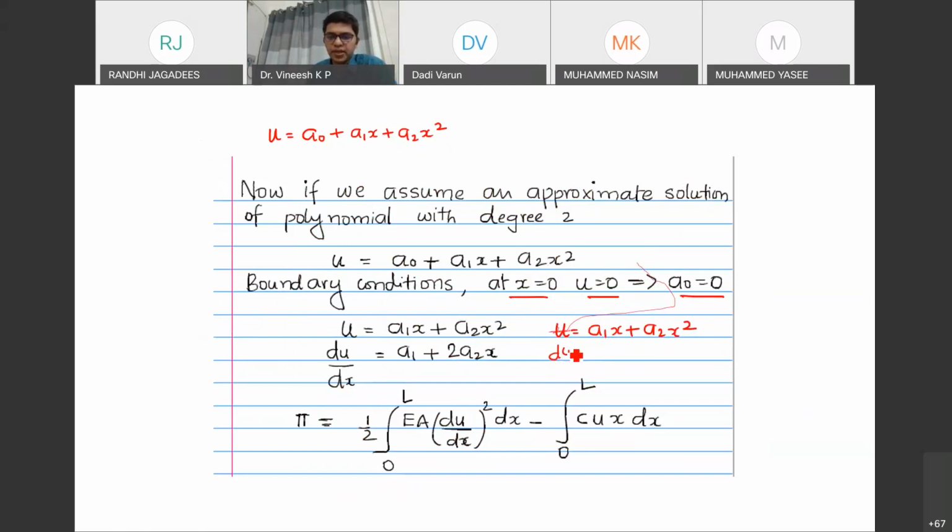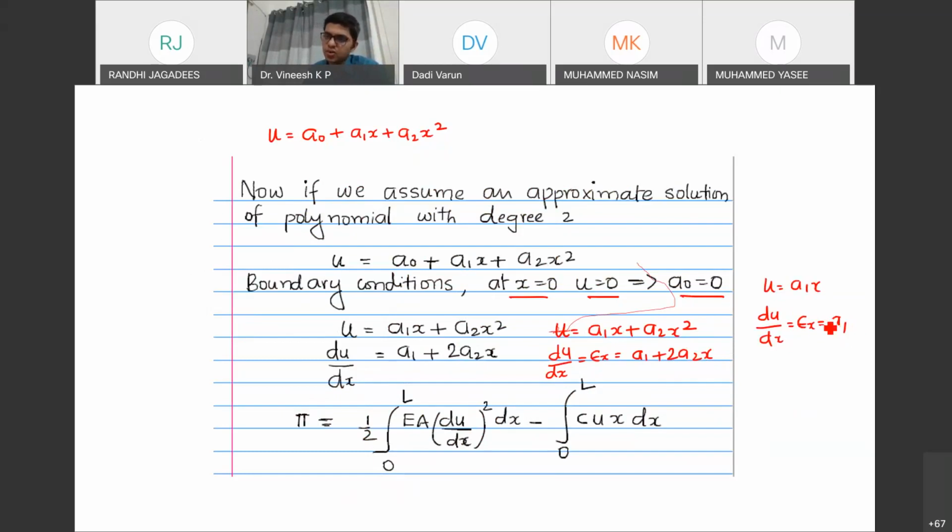So what is du by dx? Du by dx actually represents the strain. So you got a1 plus 2 a2 x. Now if you look, you can see that strain is not a constant here. Strain is a function of x. Earlier, if you consider u is equal to only a1x, you found that du by dx, which represents the x-axis strain, is a1, which is equal to constant.